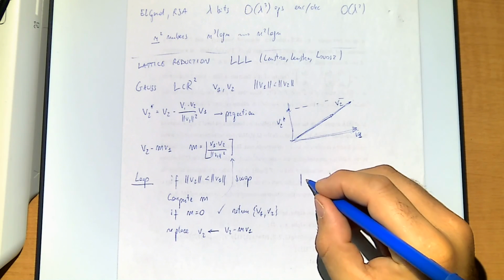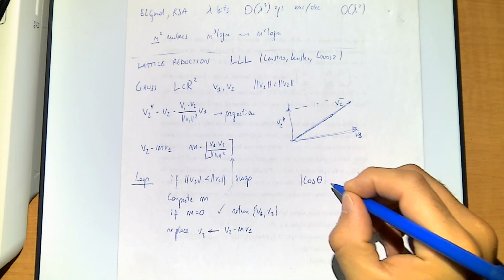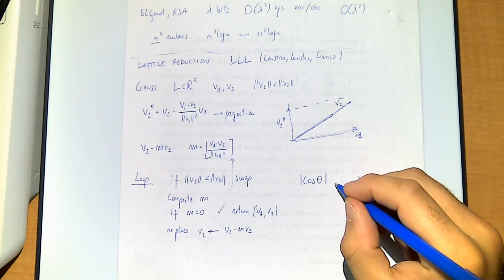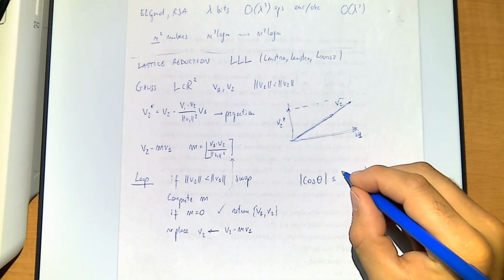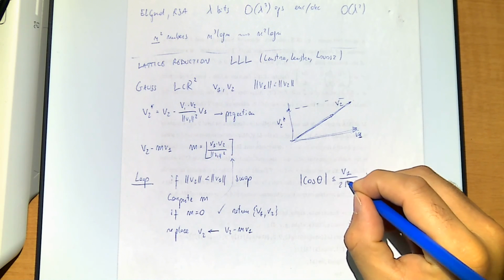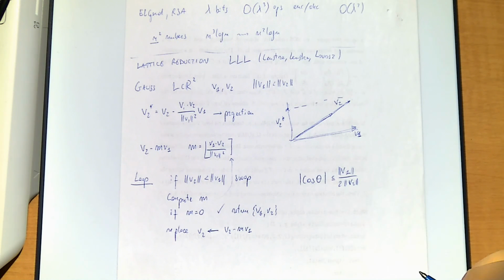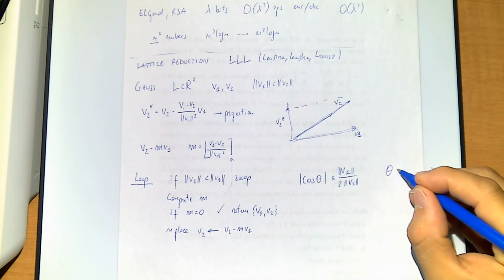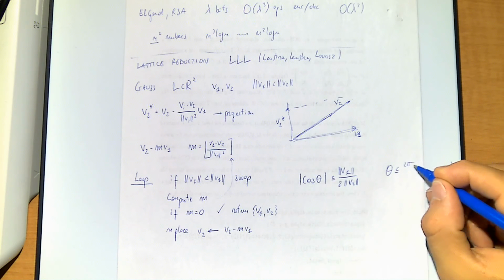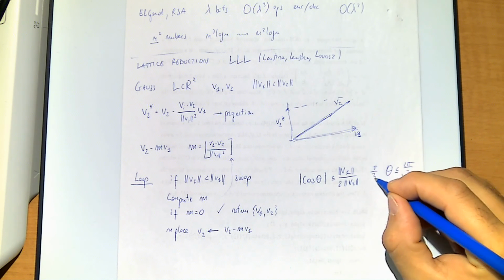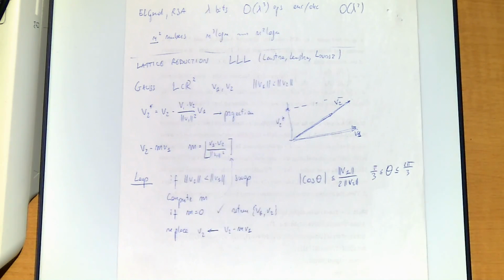For example, in trigonometry, the cosine of theta, which is the angle between the 2 vectors, is less than or equal to V1 over 2 V2. And so in particular, theta is always between pi over 3 and 2 pi over 3. We need a little bit of a refresh of trigonometry, okay? But essentially, this is what we do.